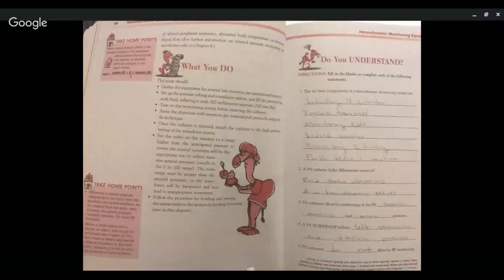So that's a good listing question. Direct blood pressure monitoring is considered more accurate than indirect monitoring, especially during which conditions? The answer could be conditions of altered peripheral resistance, abnormal body temperature, or abnormal blood flow.